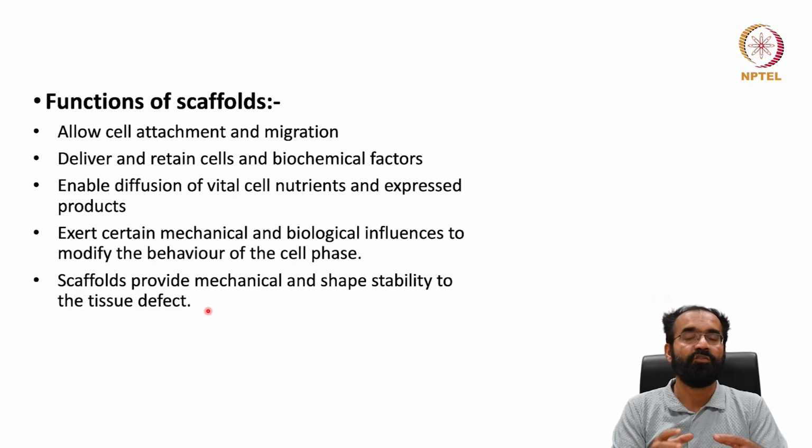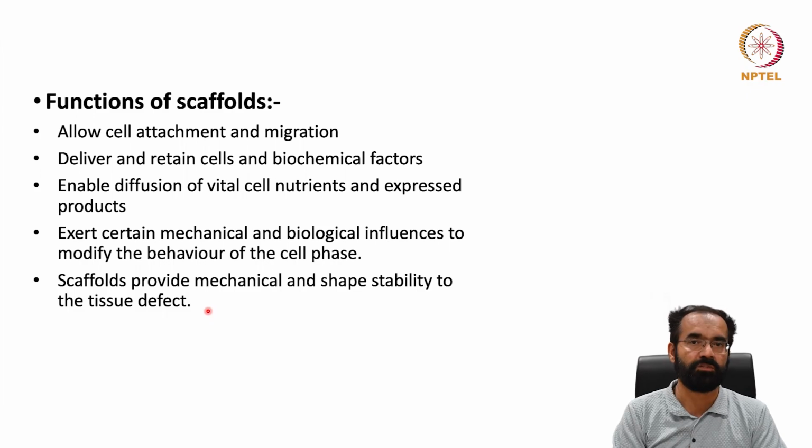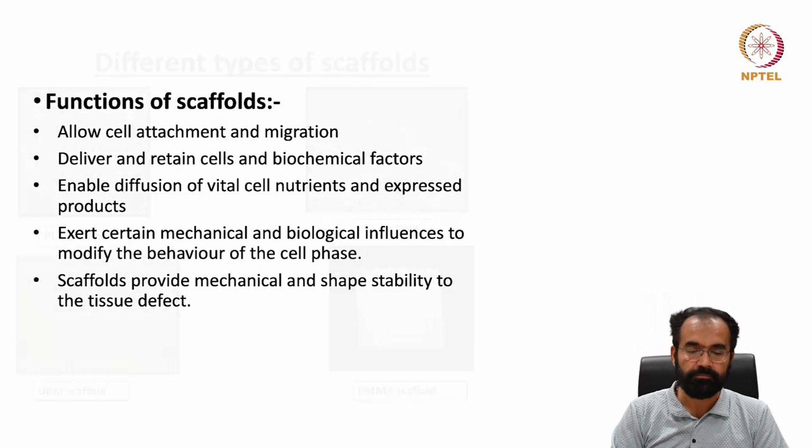So there are many friendly colors you give for food, which mimic those of fruits. In the same way, the scaffold also should be very friendly to the cells so that they can easily climb on them and grow. So these are all the factors that should be taken care of.